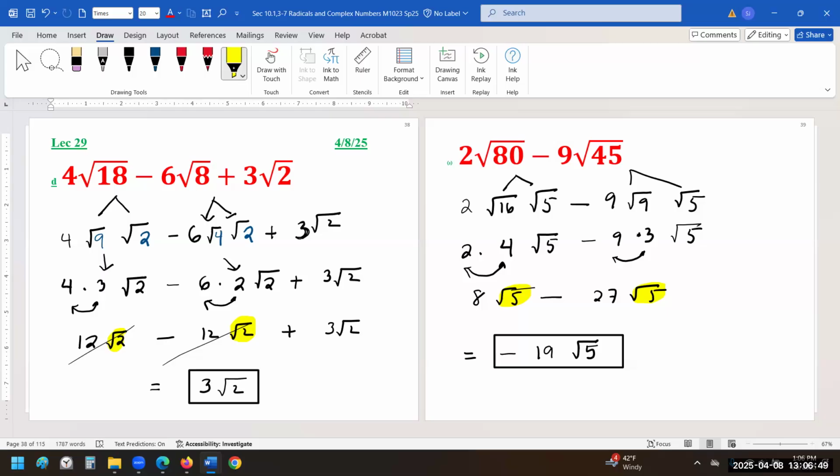So it means you need to divide 80 by 5 because you want to have the same number inside the radical that is not simplifiable. The unsimplified number must be the same. If they are not, that means you cannot combine them.